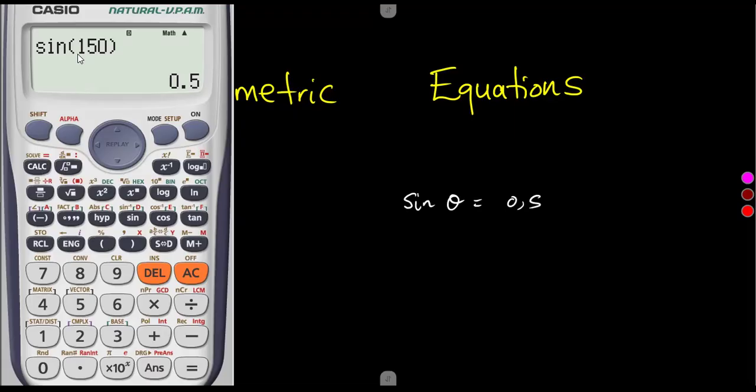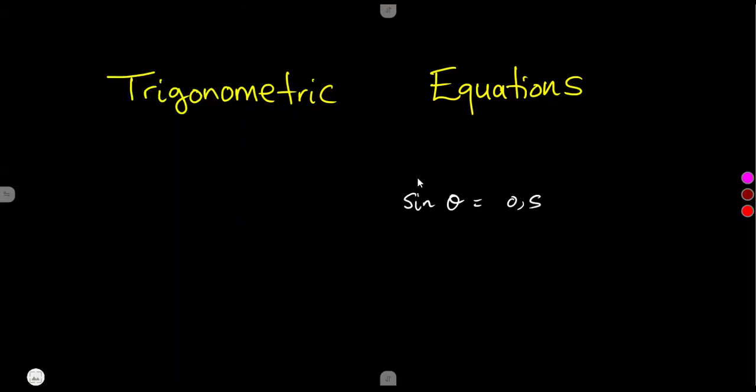Whenever you are to solve trigonometric equations, you must be given an interval. You work with the given interval, because there are so many angles that can give us that answer.